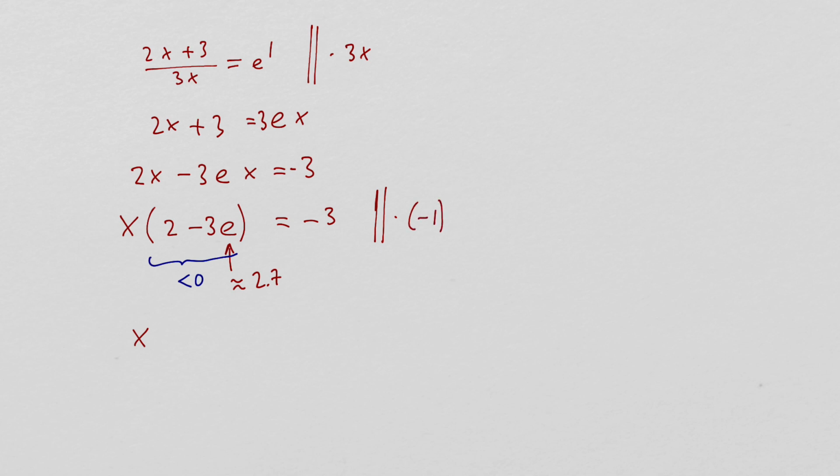Now we can flip the number in the left hand side, and in the right hand side we get 3, and this is a positive number. We get that x is 3 divided by this number.